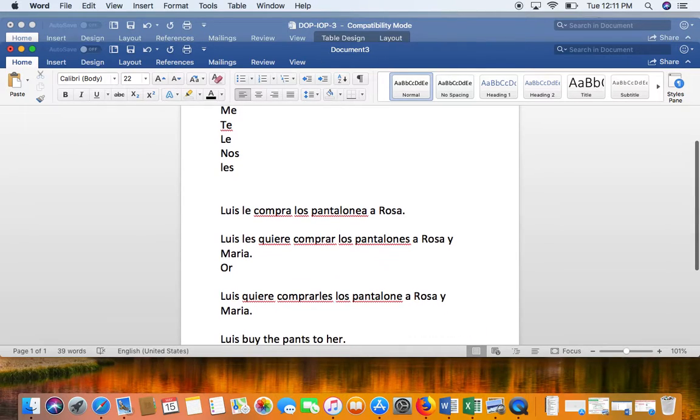You conjugate querer for Luis, and you never conjugate the second verb. Then you attach the pronoun to the end: comprarles. You can only do this when there are two verbs. If there is only one verb, you can never attach the pronoun at the end; that would be totally wrong. With two verbs, you can put the pronoun here or here, but you can't have two pronouns, one in each place. That's totally wrong, okay?